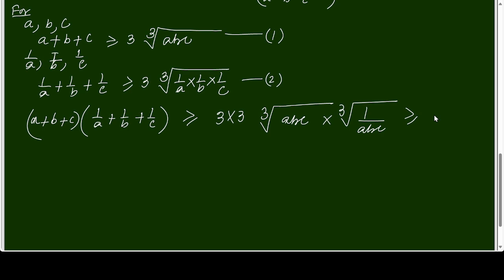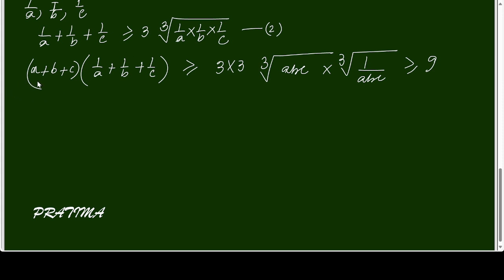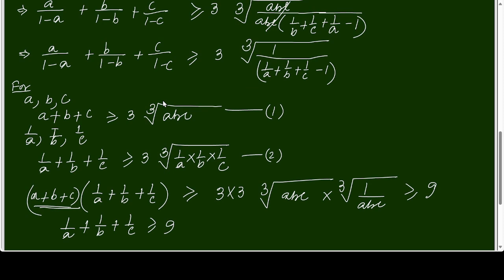So I am getting ultimately 3 multiplied by 3, 9. And it is given that a plus b plus c is 1. So I am getting 1 over a plus 1 over b plus 1 over c is greater than or equal to 9.